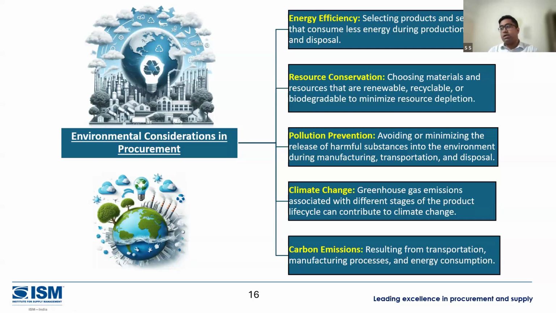We have to select products and services which help in consuming less energy while making the product. We have to choose materials and resources that are renewable. We have to avoid or minimize the release of harmful substances into the environment, right? There are several strategies for doing it. In the next slide, we will talk about how we can minimize the environmental footprint.